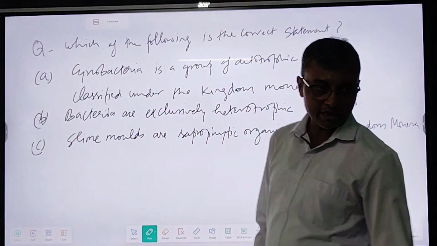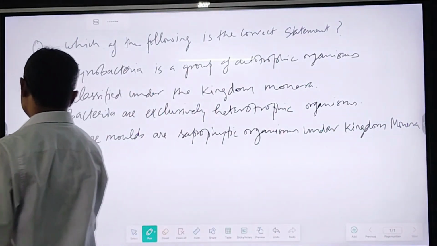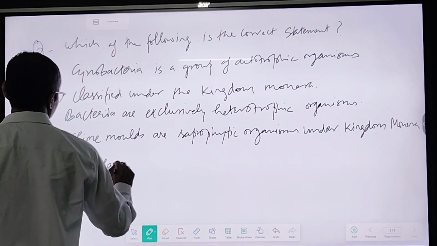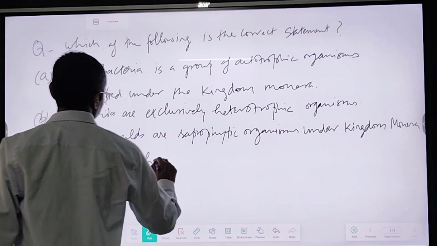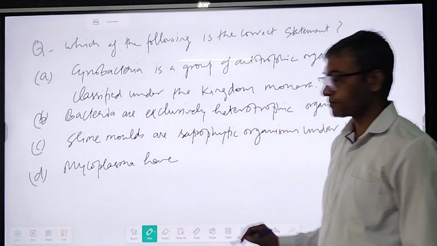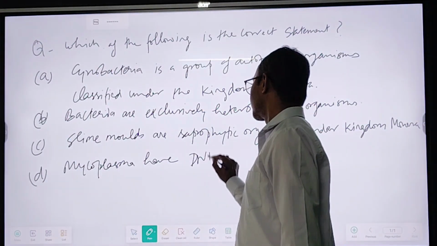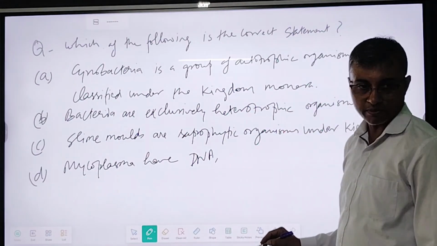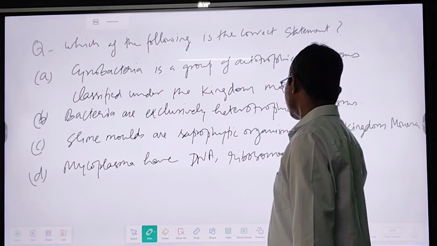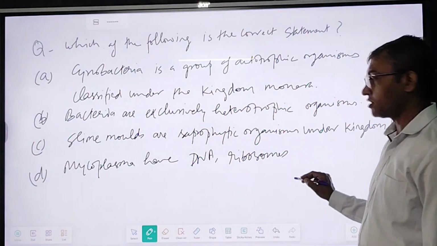And the fourth statement is mycoplasma have DNA, ribosomes, and a cell wall.